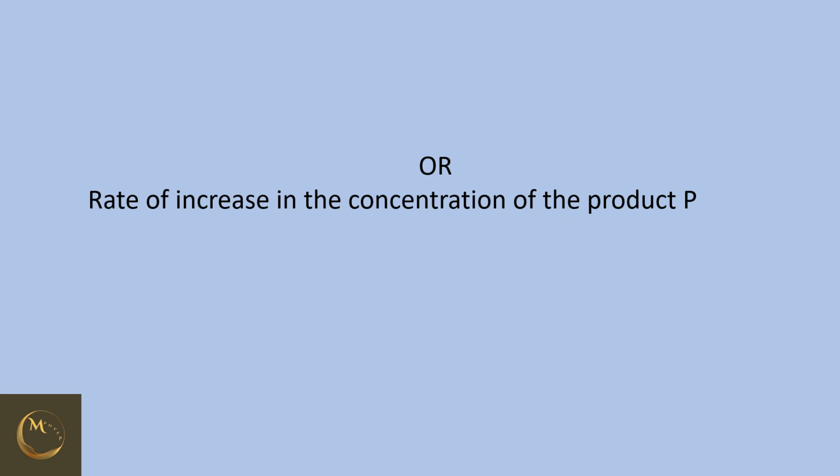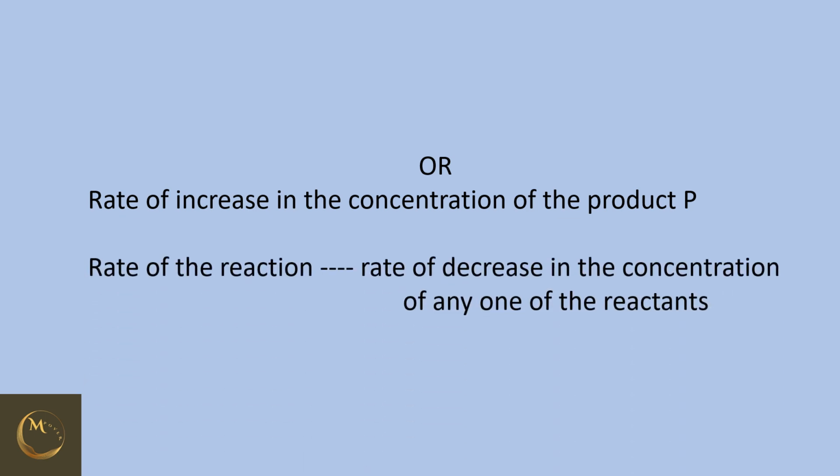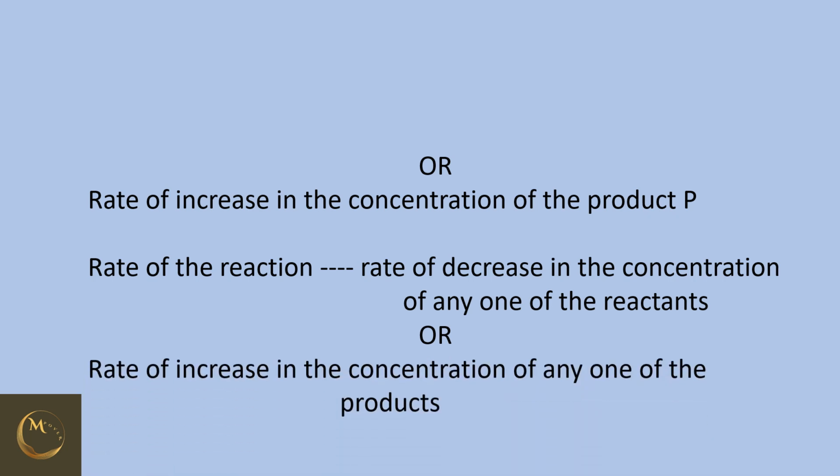And hence I am defining the rate of a reaction as the rate of decrease in the concentration of any one of the reactants or the rate of increase in the concentration of any one of the products. Is it clear? Now, let us take a deeper look into this reaction.